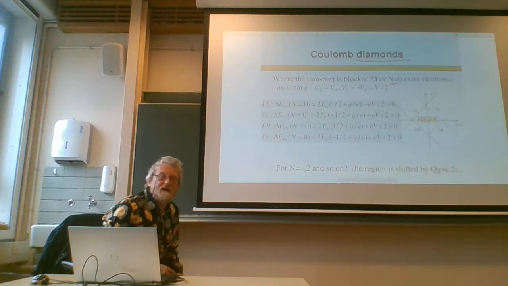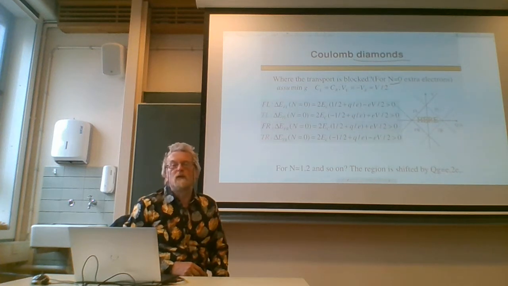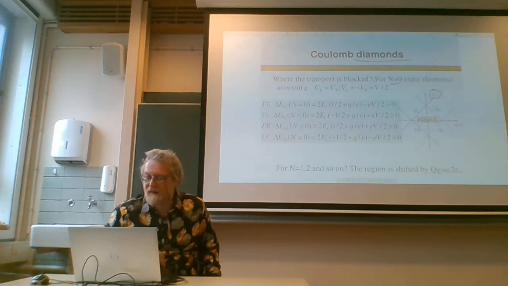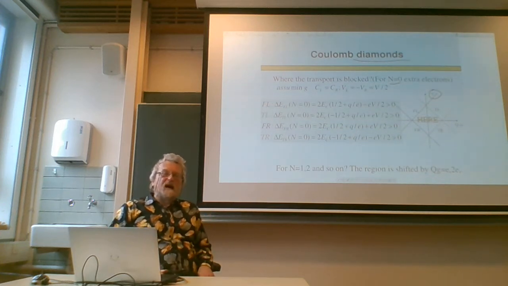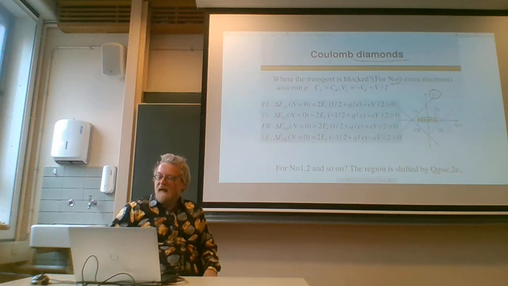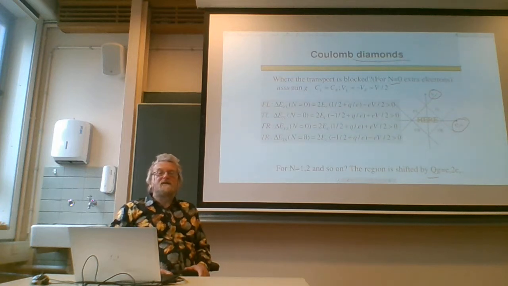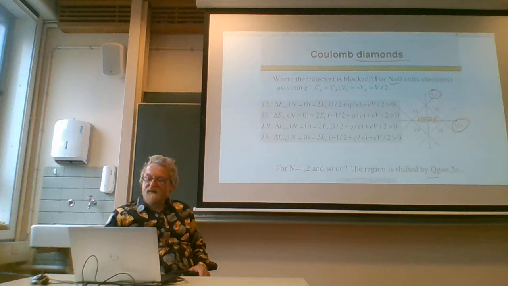We will be working in the plane of two voltages. One is transport voltage applied between the leads. Another one is a gate voltage. I express it in terms of induced charge. The charge induced by gate voltage to the island.